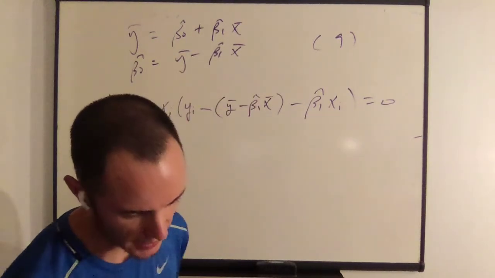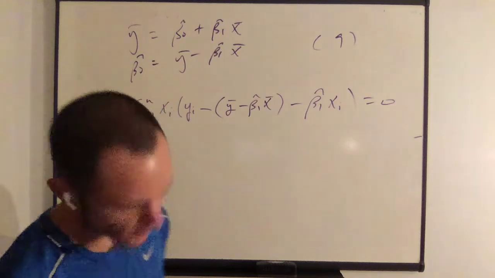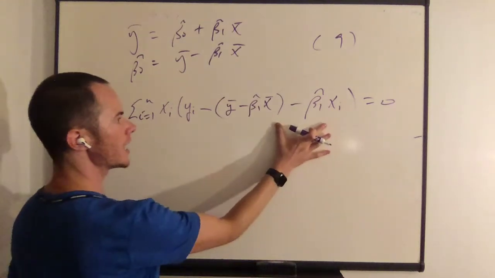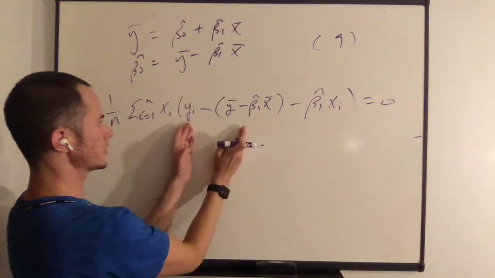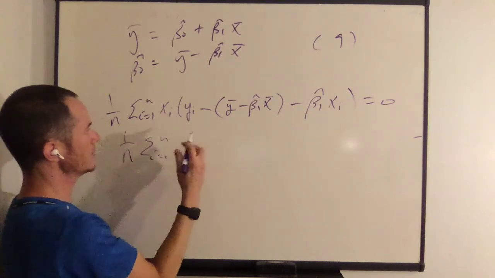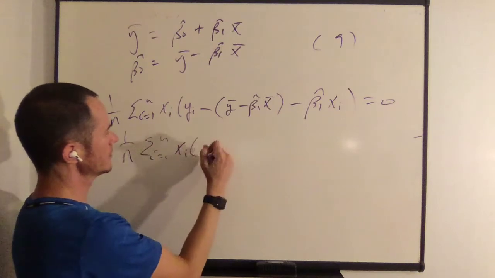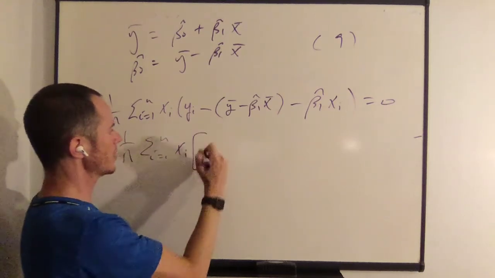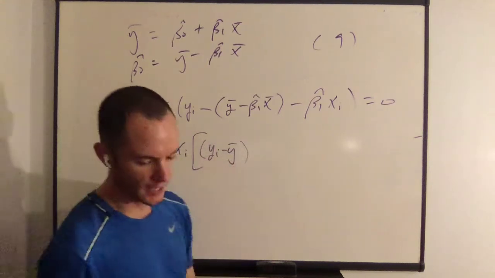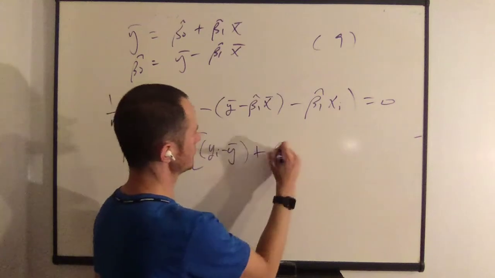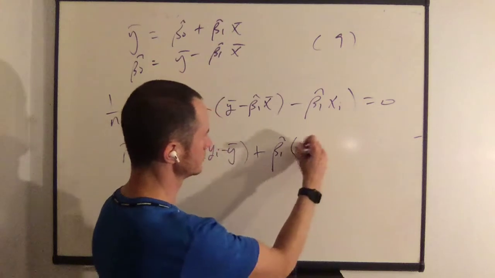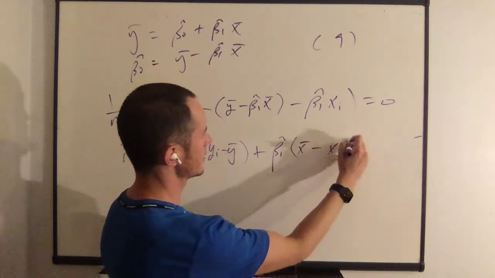All right, so let's expand what we have in parentheses. Let's clean this up a little bit. I'm going to collect terms on beta 1 hat and x, and collect terms on the y's, so that we have 1 over n times the sum from i equals 1 to n, xi times, in brackets, yi minus y bar, and then we have plus beta 1 hat times x bar minus xi.